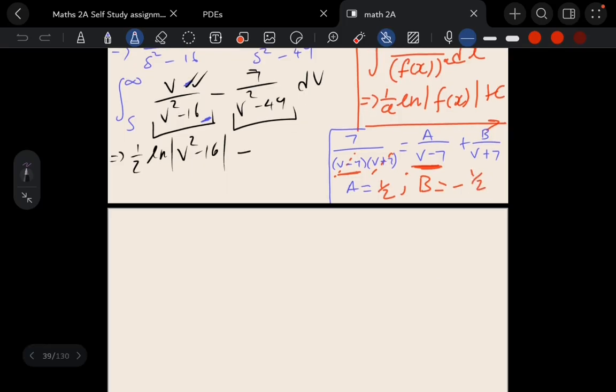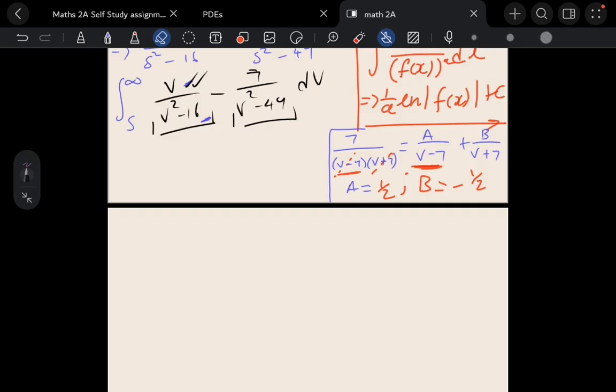So it is going to be 1 over 2 ln v minus 7. Let me just rewrite this, because you are not going to understand what happened.